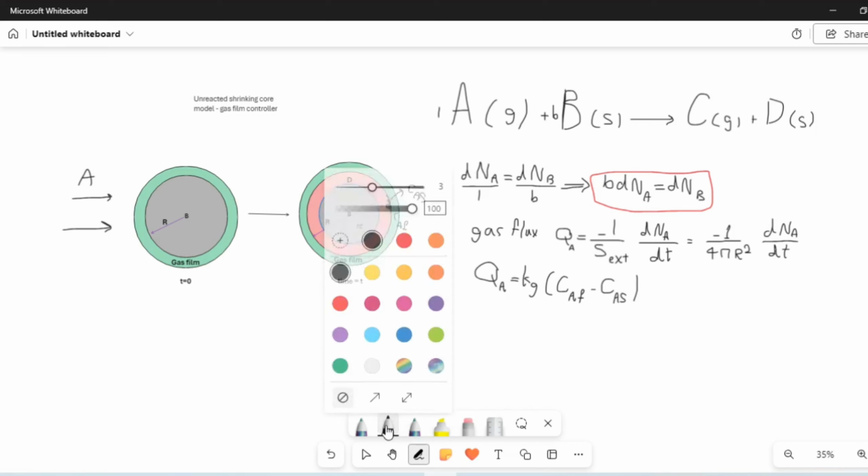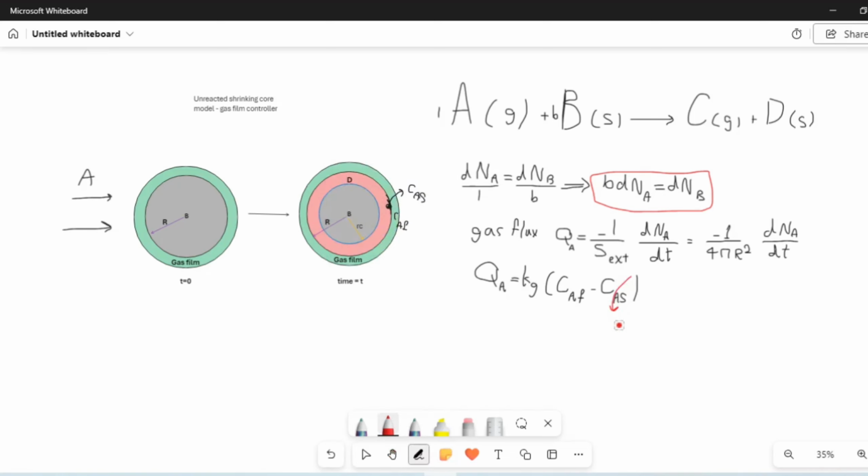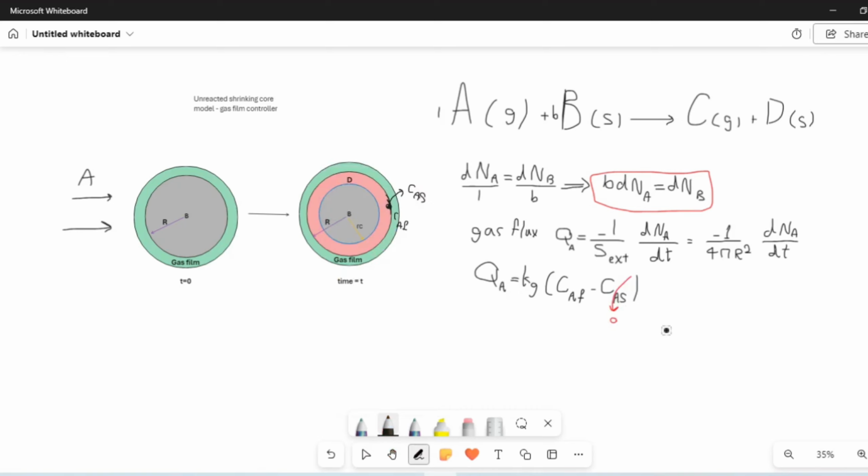In chemical engineering problems, we often simplify the concentration on the surface. And in this model, we assume it is 0 because obtaining the surface concentration is extremely difficult.